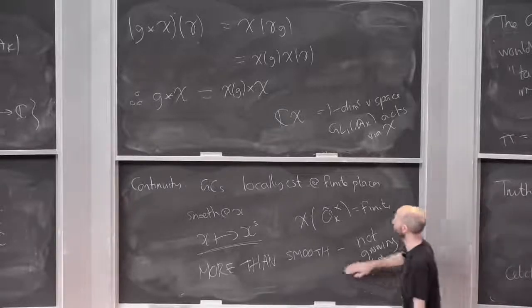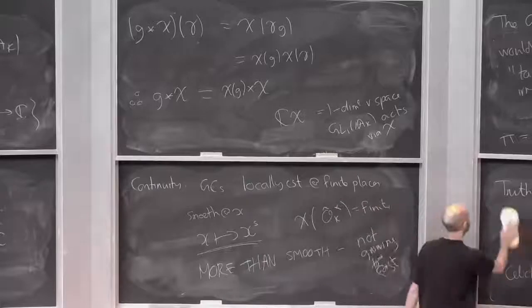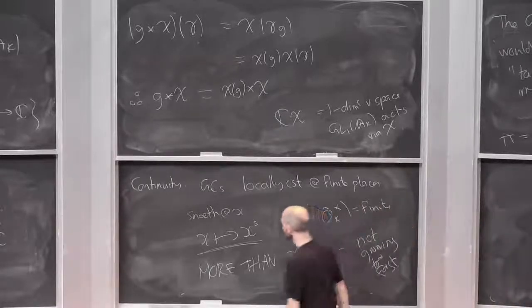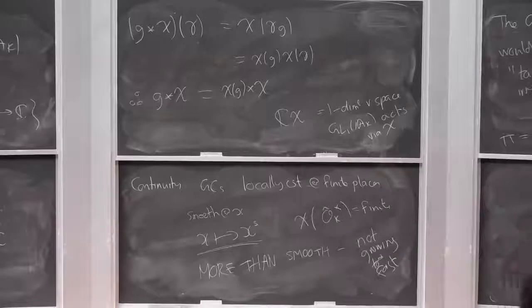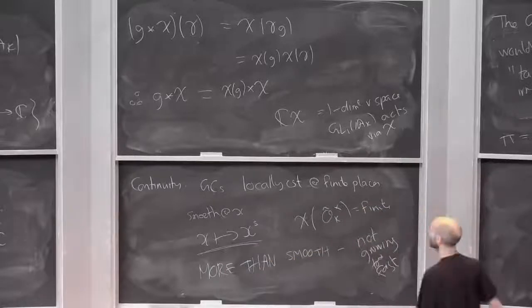So it's not growing too fast. It's infinitely differentiable, but it's more than that. How am I going to capture the fact that it's a group homomorphism without using the word group homomorphism?